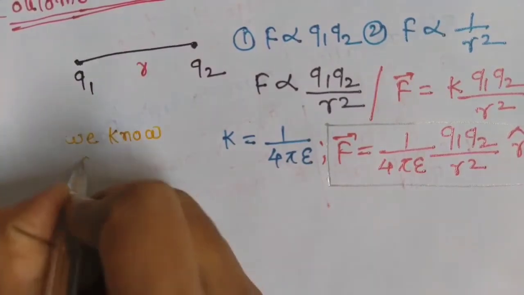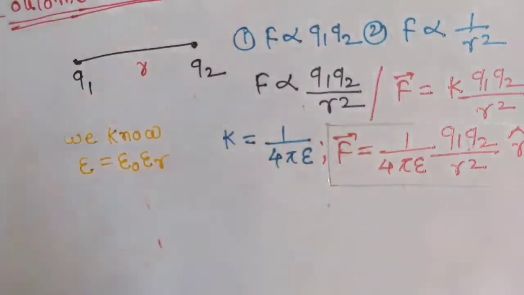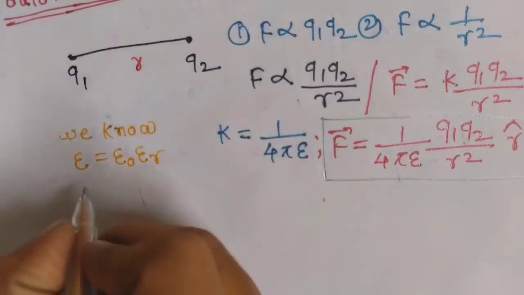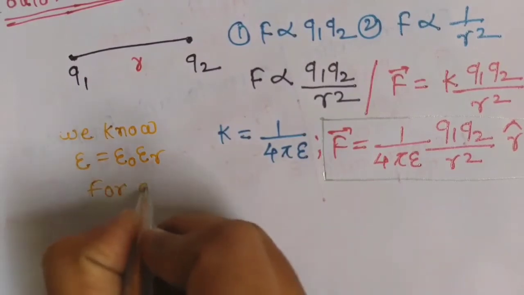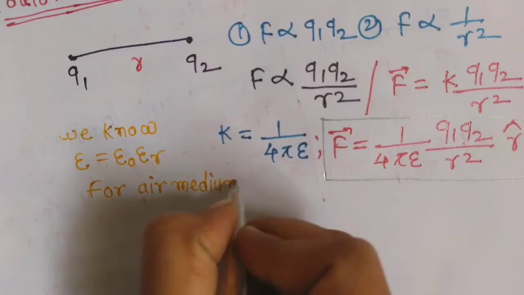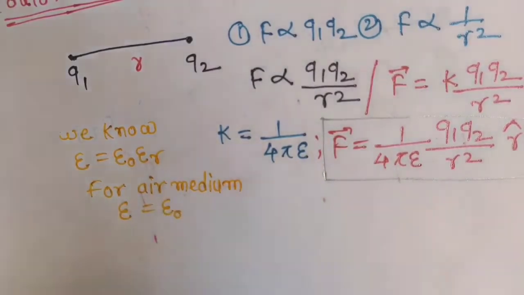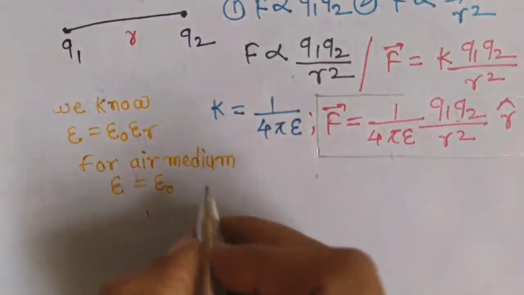We know that epsilon is equal to epsilon naught into epsilon r. For air medium, epsilon is epsilon naught.